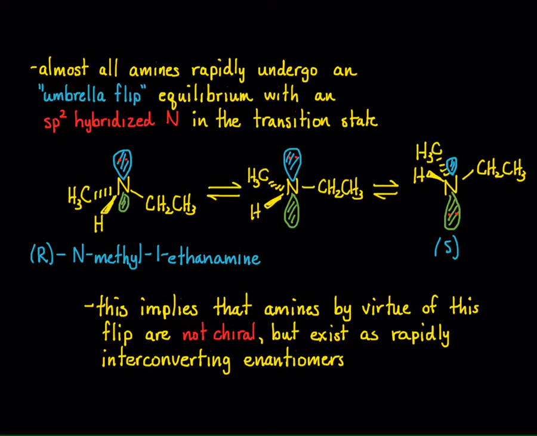Now notice I say this is for almost all amines. There are some examples where nitrogen is in very small rings like aziridines where this umbrella flipping does not occur, but in almost all other cases it certainly can occur. Whenever there's any flexibility in a ring, then this umbrella flip occurs and you lose chirality.